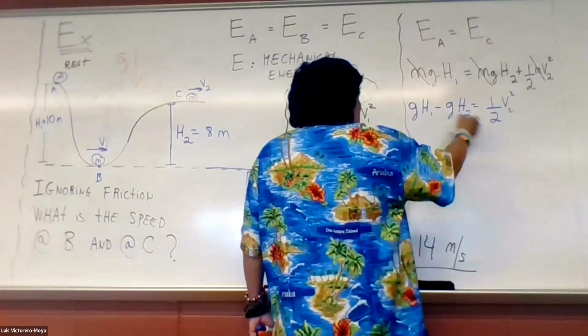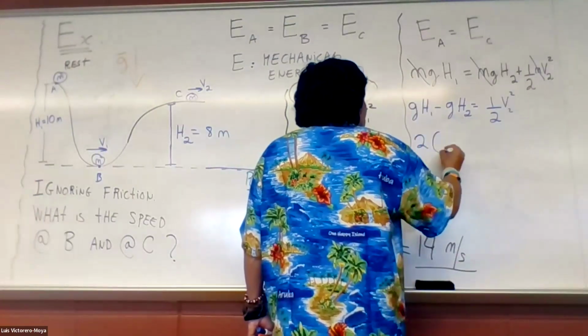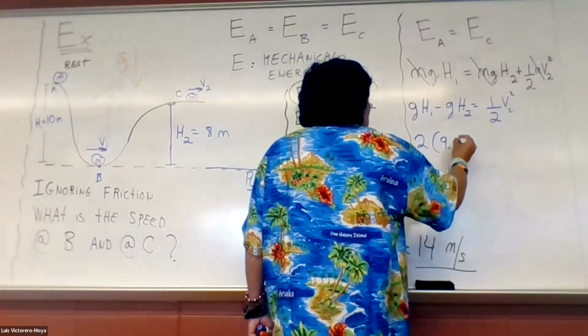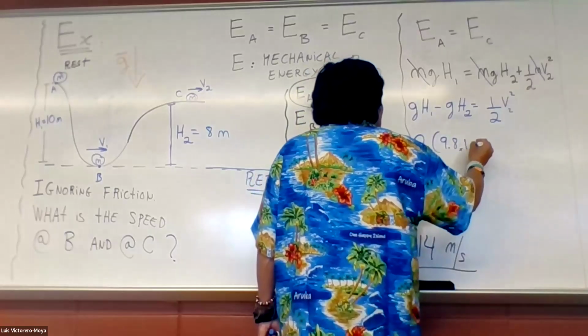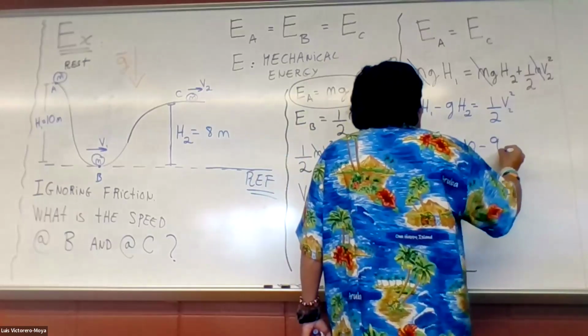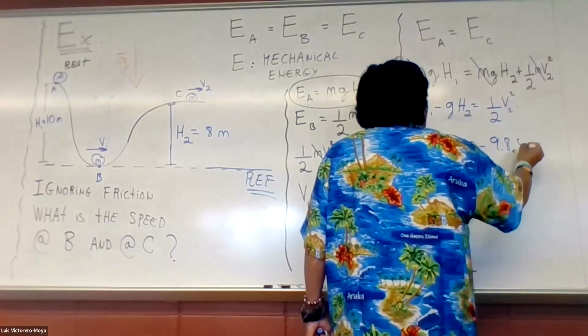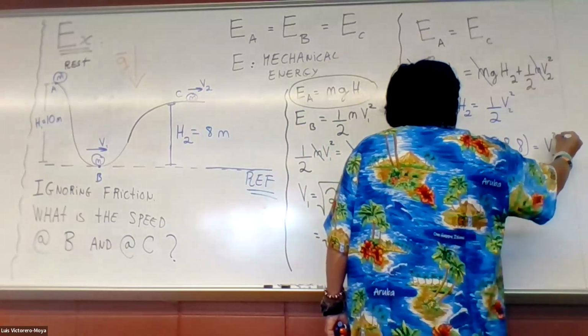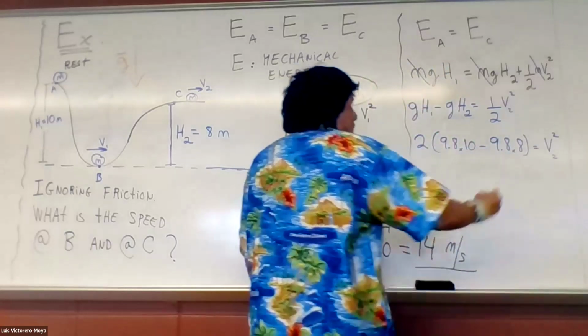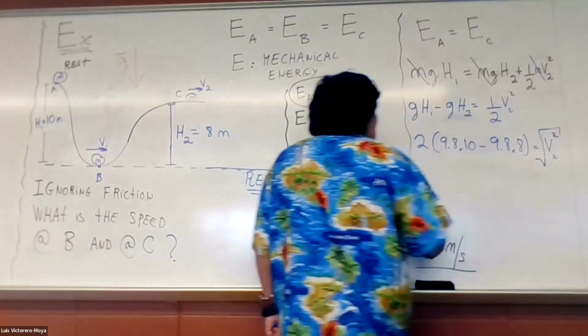So, okay, 2 parentheses 9.8 times 10 minus 9.8 times 8. That's equal to v2 squared. And then I take the square root on both sides.